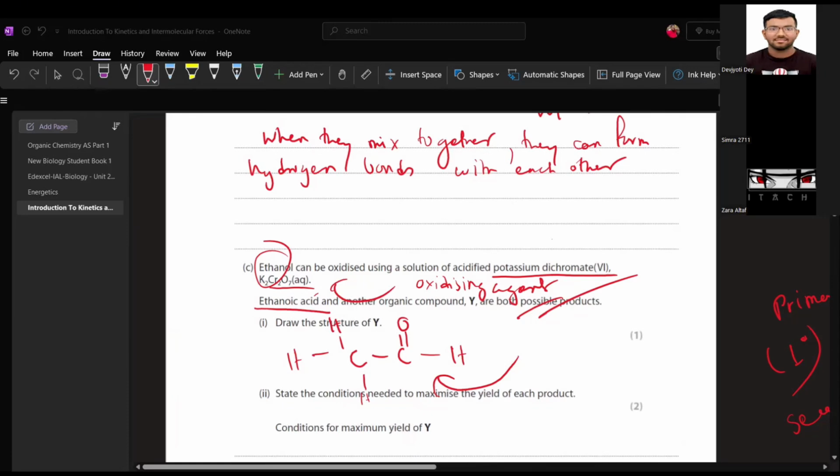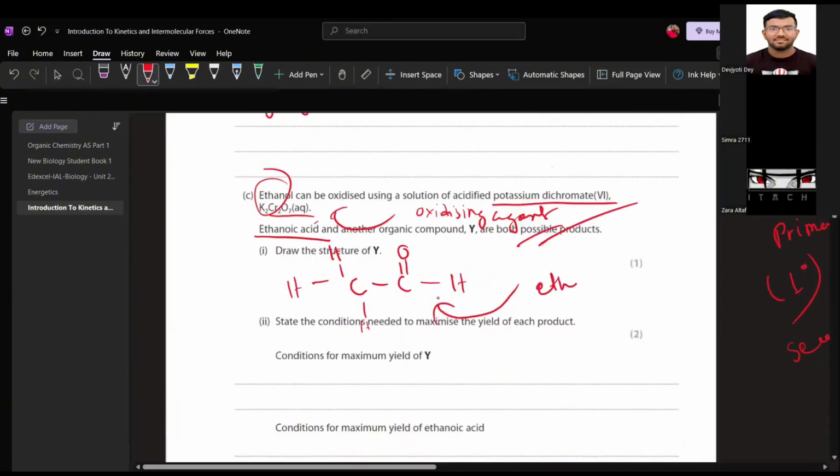Oh, sorry, I made a mistake. Not a mistake, sorry, it's correct. So what do you call this? Ethanal. Okay, so this is the structure basically.